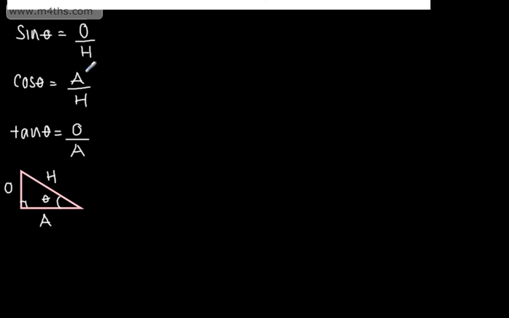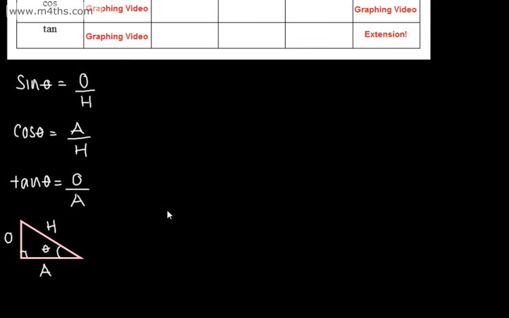So when we're talking about our trig ratios, the sine of the angle is the opposite over the hypotenuse, the cosine of the angle is the adjacent over the hypotenuse, and the tangent of the angle is the opposite over the adjacent.